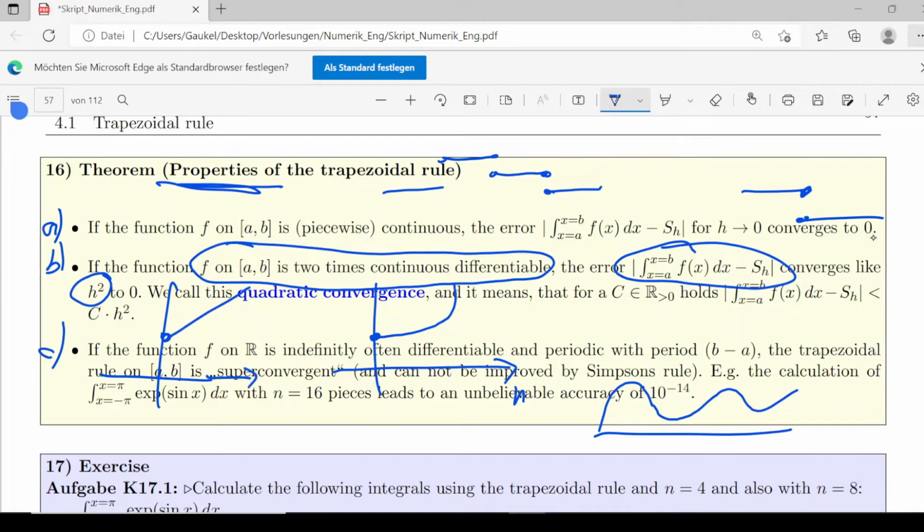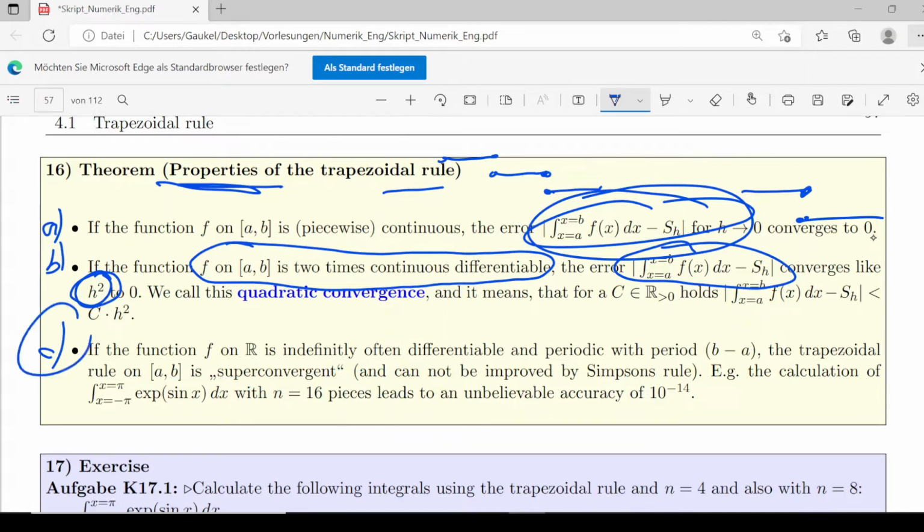If you have this behavior, then you need to be very close to 0 to get a good approximation of the correct integral value, which we have here. But if convergence is like h squared, then this h would be a very good choice, and it's guaranteed that you are very close to the correct value. That's a big difference if convergence is linear, or if convergence is quadratic.